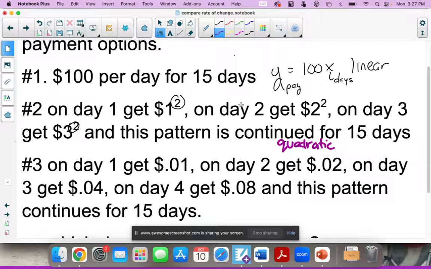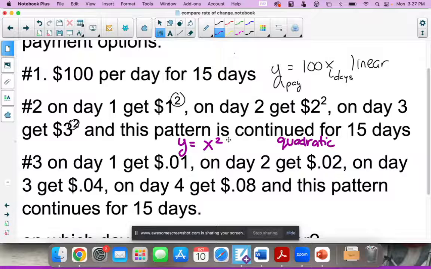And since I'm not starting off with anything, I could actually still write this as just x squared. So I'd have $1 and then 4 more, so that's 5, and then 9 more. We'd have to add that all up for 15 days just to see how much we would get.